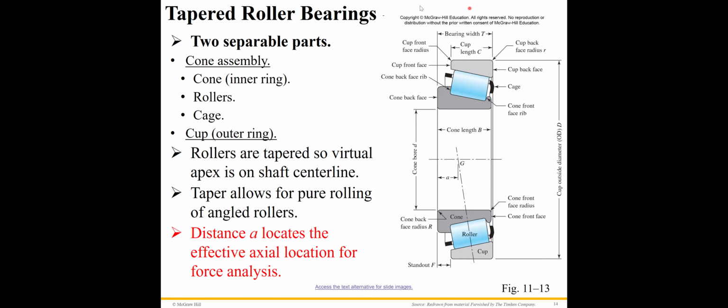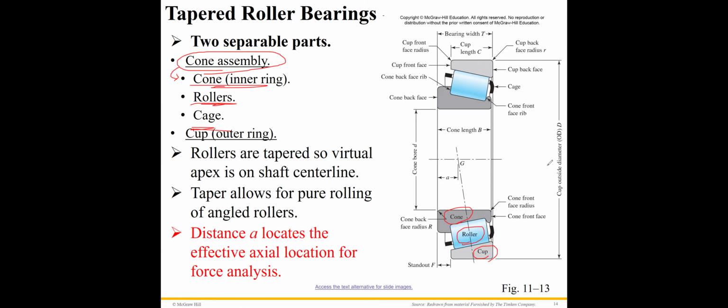Okay, so there are some terminologies and geometries we have to understand first. For this taper roller bearing, there are two separate parts. One is the cone assembly, which includes the cone, the rollers and the cage.